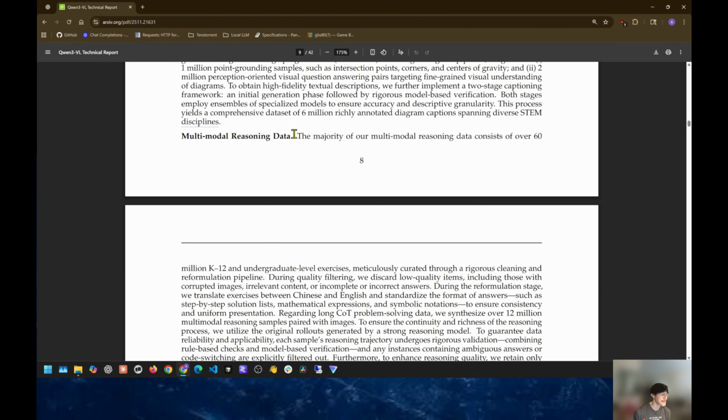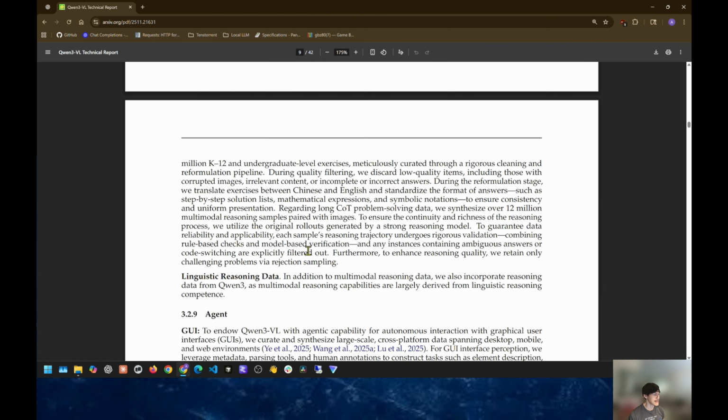Multimodal reasoning data. The majority of our multimodal reasoning data consists of over 60 million K-12 and undergraduate level exercises, meticulously curated through a rigorous cleaning and reformulation pipeline. During quality filtering, we discard low quality items, including those with corrupted images, irrelevant content, or incomplete or incorrect answers.